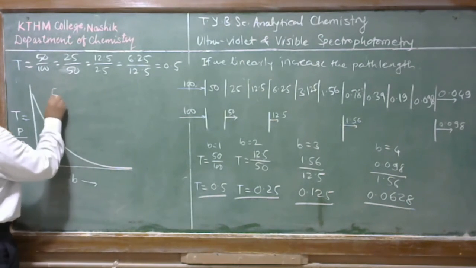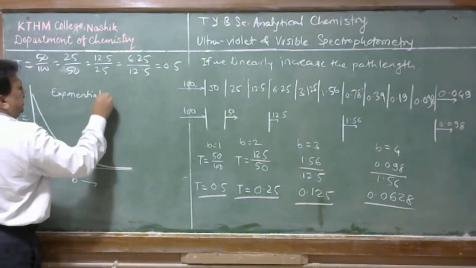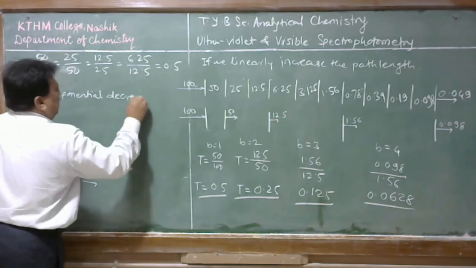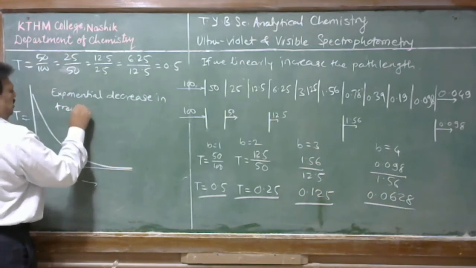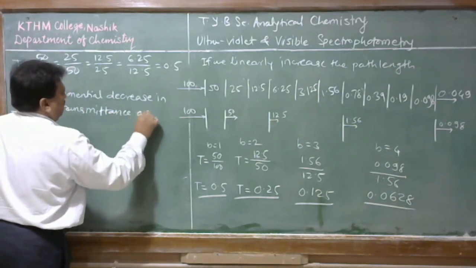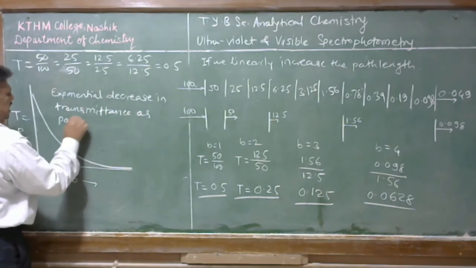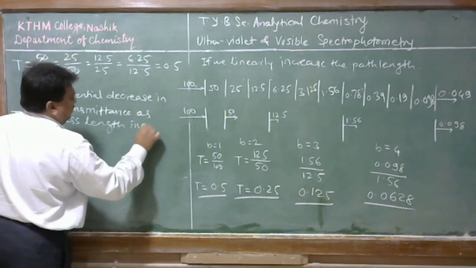This curve shows that exponential decrease in transmittance as path length increases.